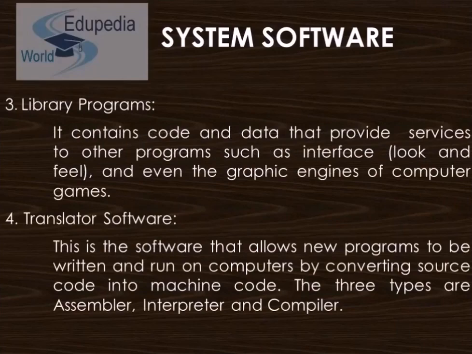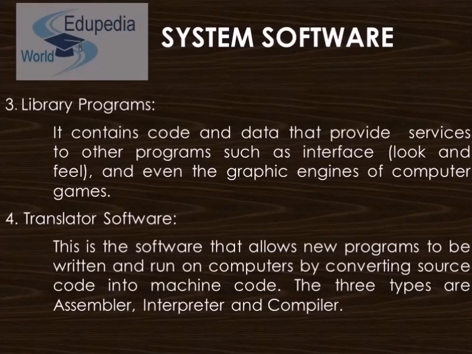Then come library programs. They contain code and data that provide services to other programs such as interface, that is how something looks and how you can feel it, and even the graphic engines of computer games.